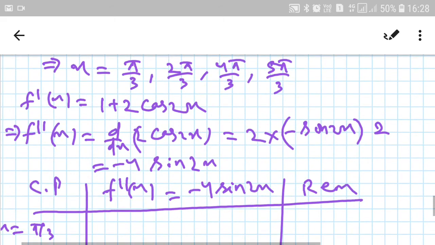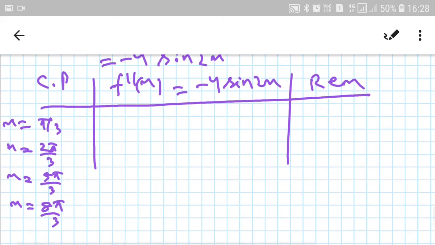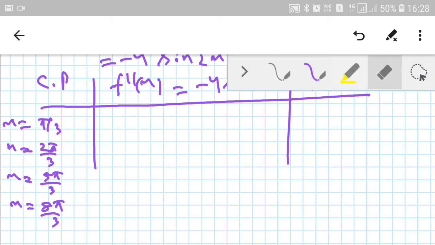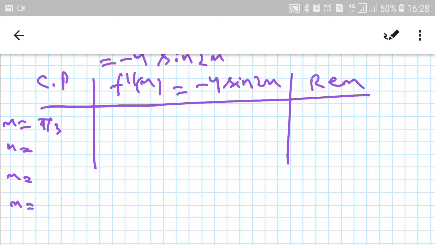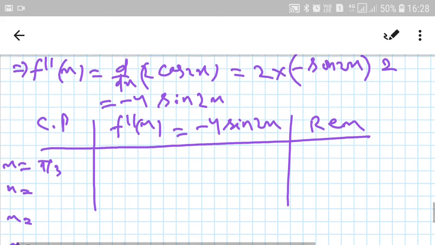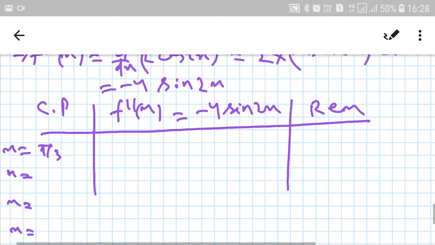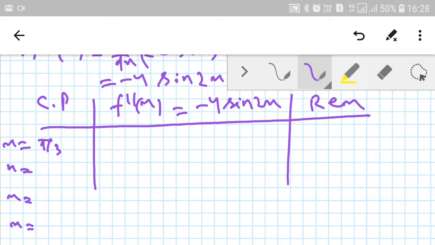Pi by 3, 2 pi by 3, 4 pi by 3 and 5 pi by 3. Okay, I have committed a mistake here. Pi by 3 and the next values are 2 pi by 3, 4 pi by 3 and 5 pi by 3. This is 2 pi by 3, this is 4 pi by 3 and this one is 5 pi by 3. Now let us proceed further.